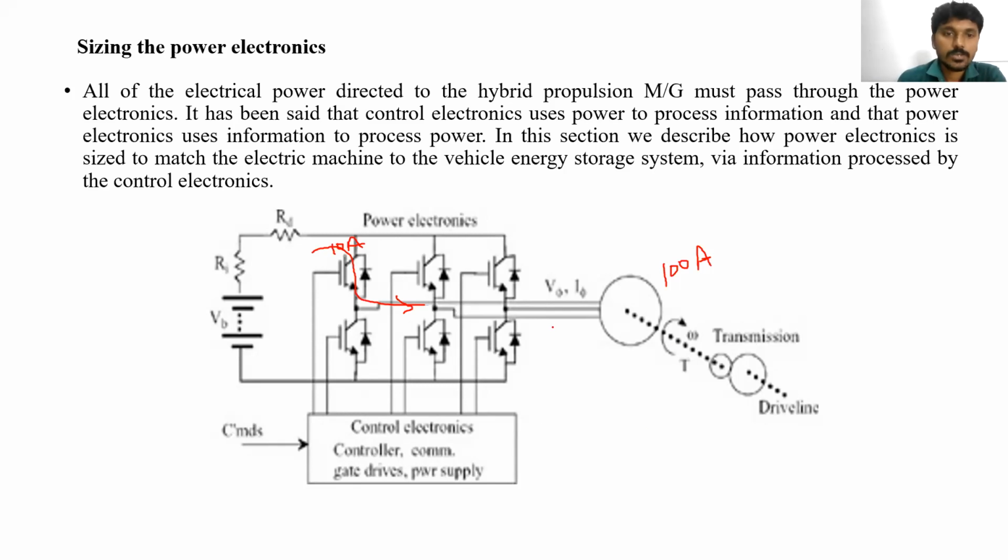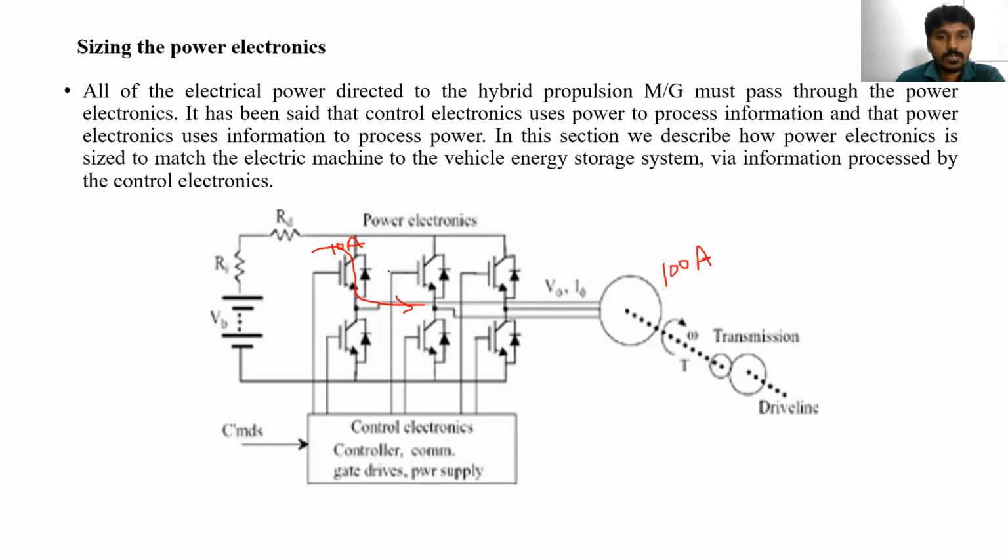So we have to see the current rated values also. How much current is required by the motor? For example, the rated value of the motor is 100 amperes, so we cannot use a 10 ampere rated power electronic switch.